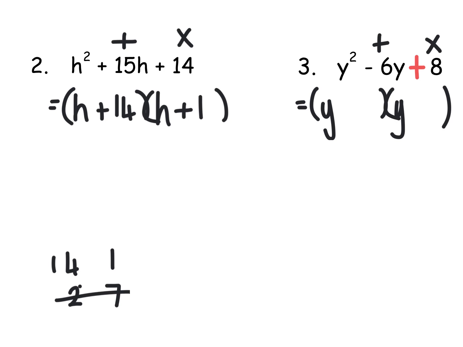Numbers that multiply to 8 could be 8 and 1, but there's no way of getting 6 from 8 and 1. 2 and 4, wait a minute, 2 and 4 can make 6. So 2 and 4 multiply to 8, but to get minus 6, that's going to have to be negative 2, negative 4. So remember, the plus at the end means you've got matching signs. That negative in the middle means they're both negative numbers.